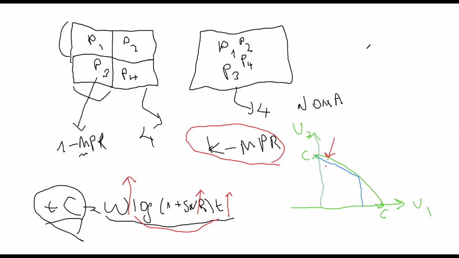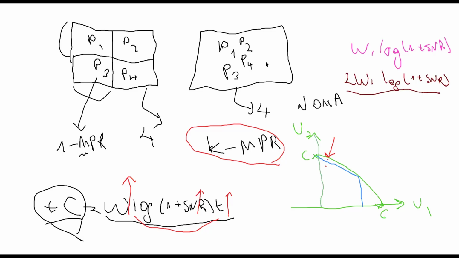Maybe 1 MPR needs W1 log(1 + SNR) to send the packet that it's sending, and then similarly 2 MPR will need 2 W1 log(1 + SNR), assuming that the user's payload is the same. And then with 3 MPR we are decoding 2 packets. So we need twice the capacity basically to be able to decode 2 packets. And now I think I get it. Okay.